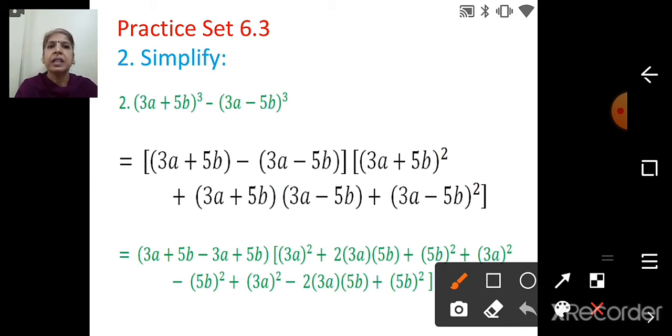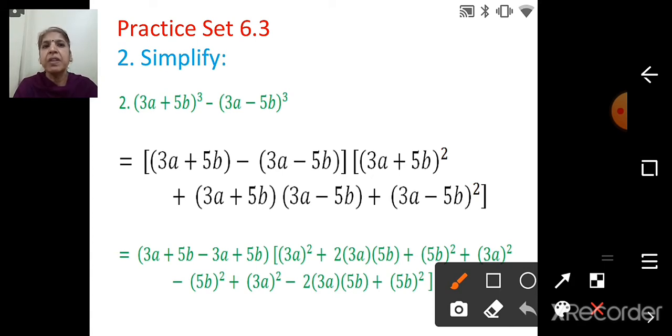Then the second bracket, that is the second factor, that was a square, and our a is 3a plus 5b the whole square plus ab. So plus 3a plus 5b the whole bracket multiply with 3a minus 5b plus b square. So in that place we are having 3a minus 5b the whole square.